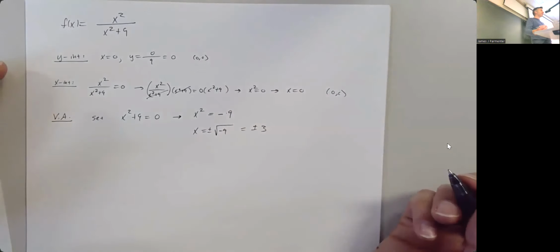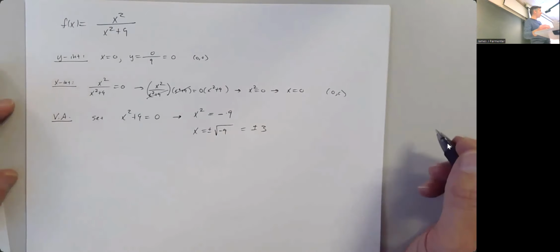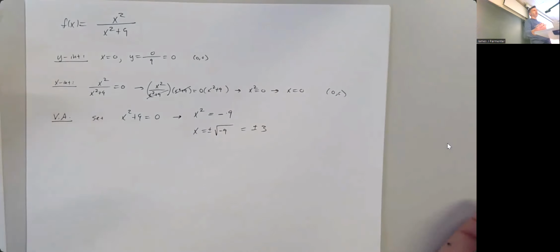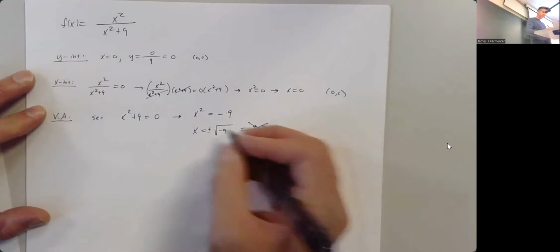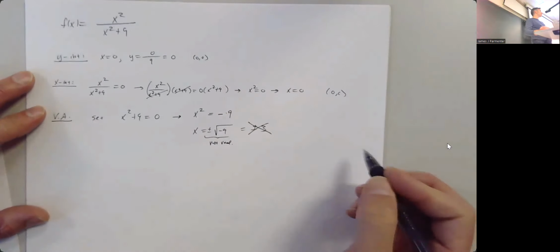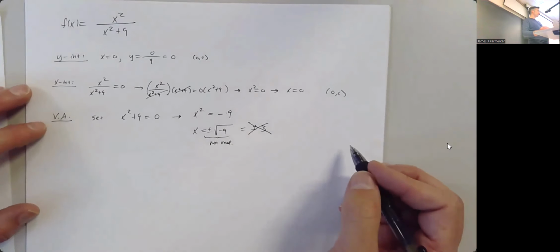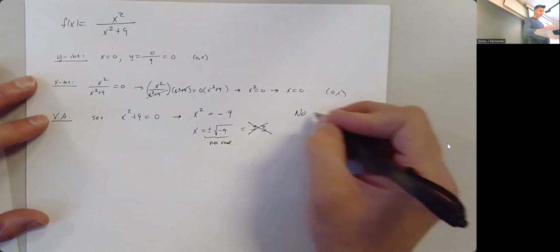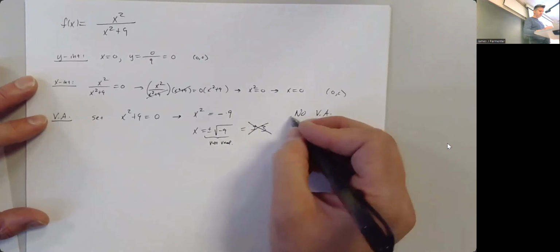It's not. The square root of negative 9 is an imaginary number, which we're not going to talk about right now. So this is not real. There's no real solution to this equation. That means we have no vertical asymptotes.